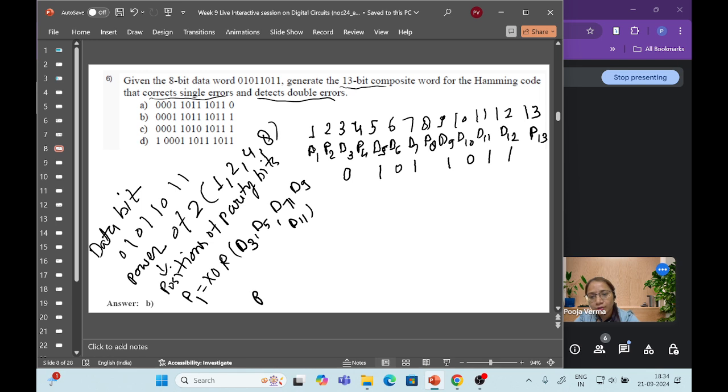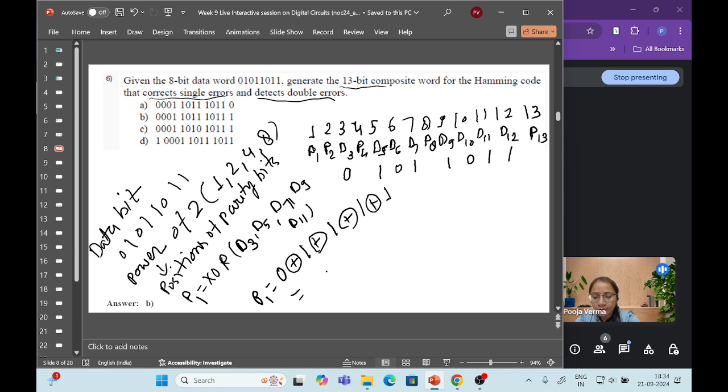So for P1, XOR of 0, that is D3, then D5 is 1, D7 is also 1, D9 is also 1, and D11 is 1.